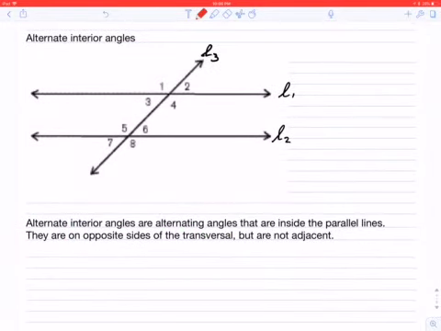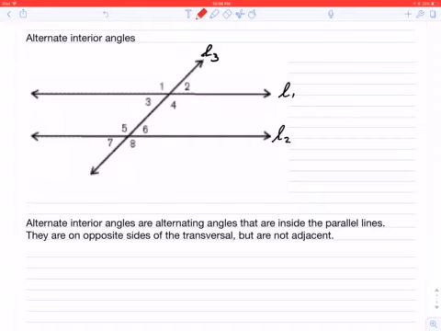Alternate interior angles are angles that are inside the parallel lines, like angles 3, 4, 5, and 6, but on opposite sides of the transversal and not next to each other.